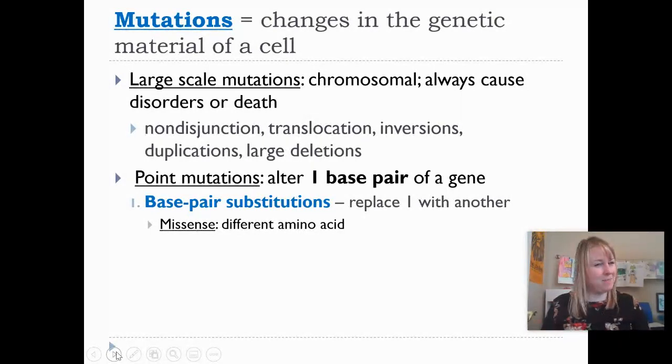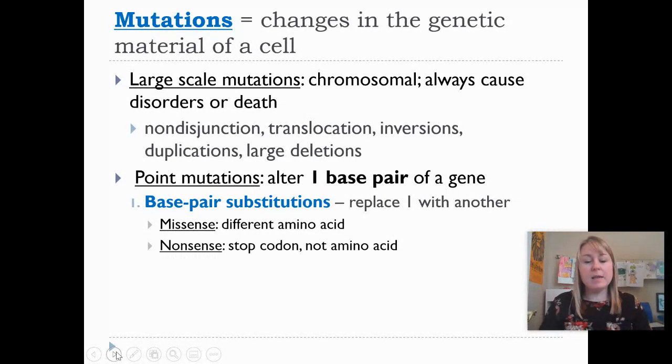Now, it may not be changed depending on which nucleotide in the triplet is affected. So if one of the codons gets changed and now codes for a different amino acid, that is called a missense mutation. If it accidentally codes for a premature stop codon, that's called a nonsense mutation.